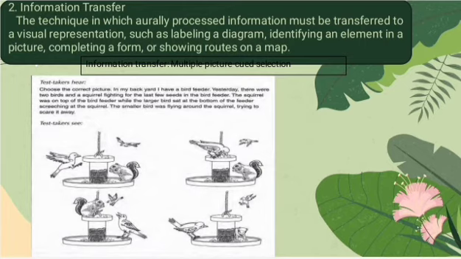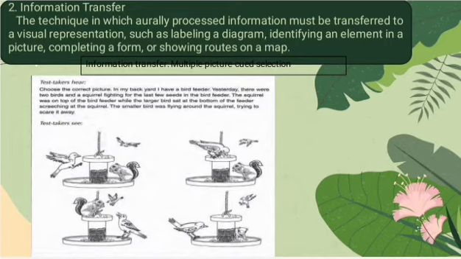Second is information transfer. The technique in which orally processed information must be transferred to a visual representation, such as labeling a diagram, identifying an element in a picture, completing a form, or showing a route on a map. In this information transfer, there are 3 types.